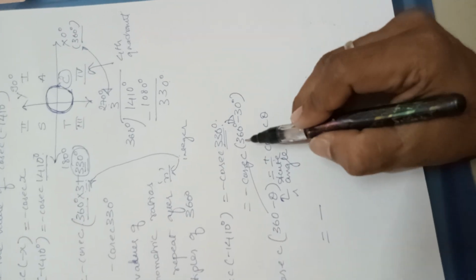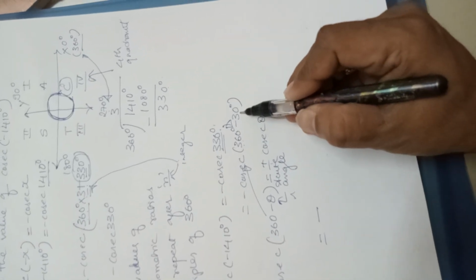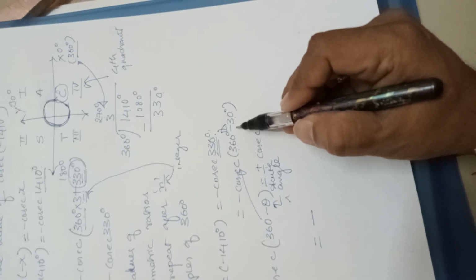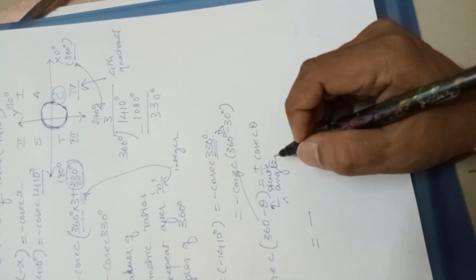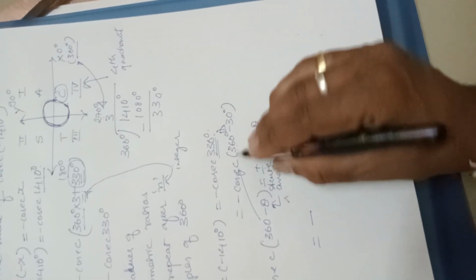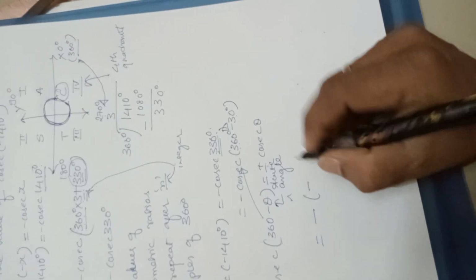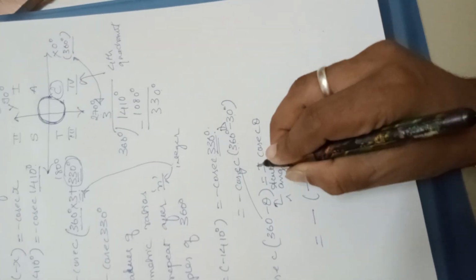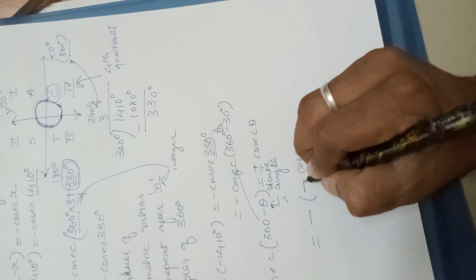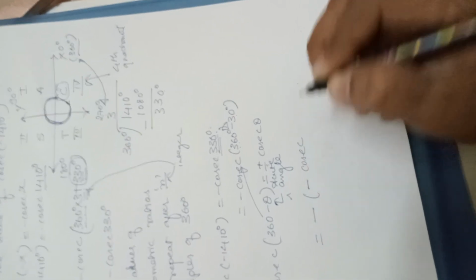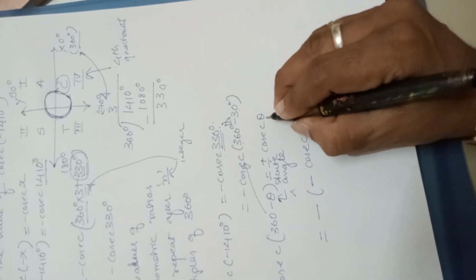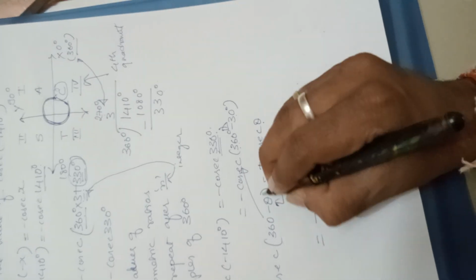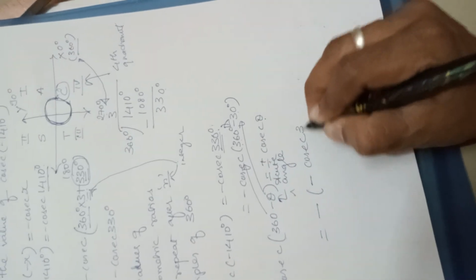Now we know that cosecant of 360 minus 30 degrees lies in the fourth quadrant, and in the fourth quadrant cosecant is negative, so I'll put a minus here. Theta is equal to 30 degrees.